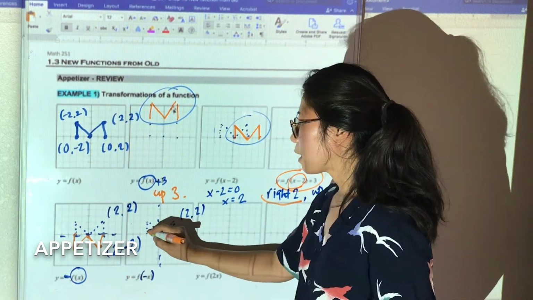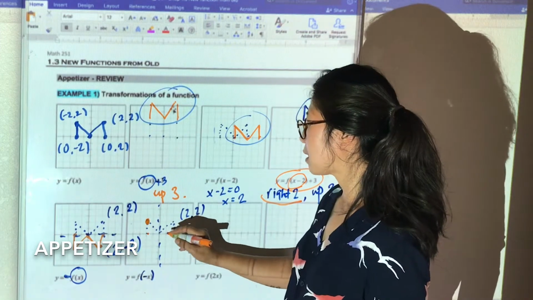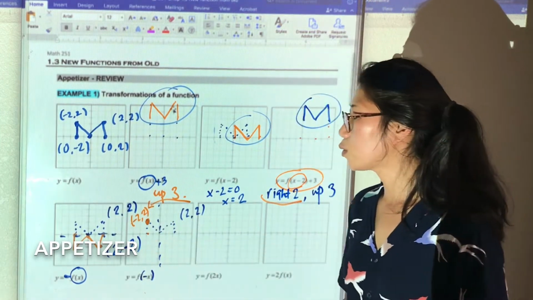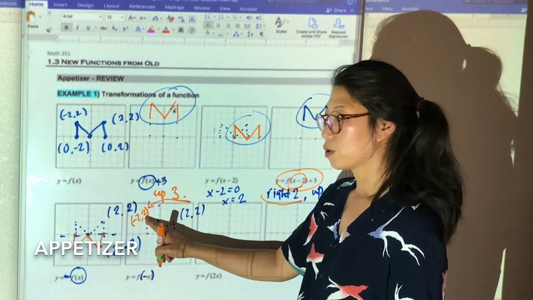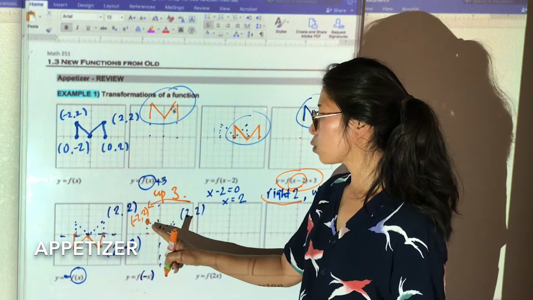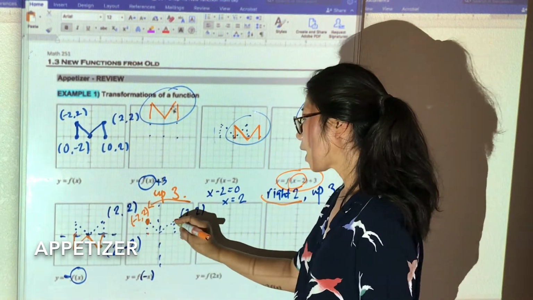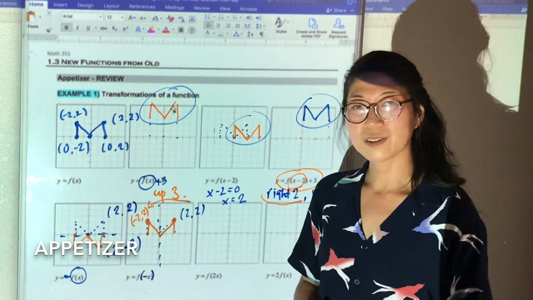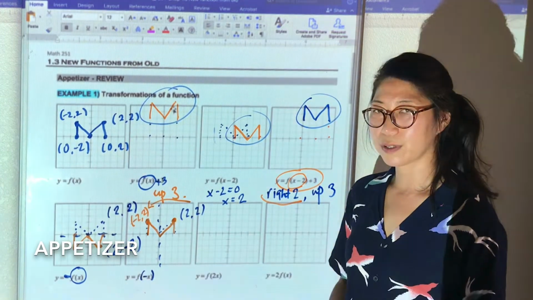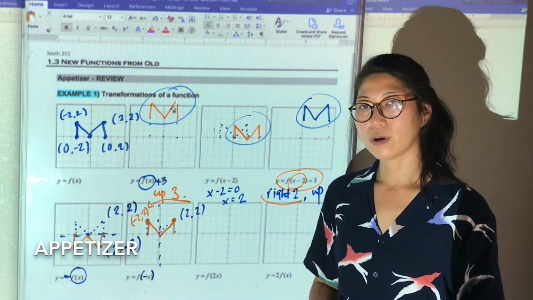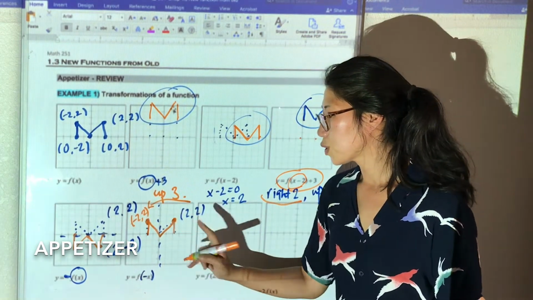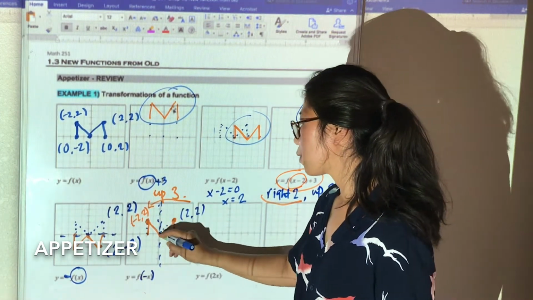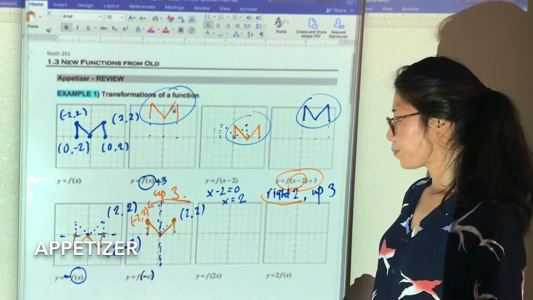So although my final graph will look the same, this coordinate came to the left side, quadrant number 2, so it becomes negative 2, 2. Then you could guess negative 2, 2 will go to the other side and become 2, 2. And this actually explains one of the definitions, which, if you remember, even function, right? Even function, you can have a graph symmetric over the y-axis.